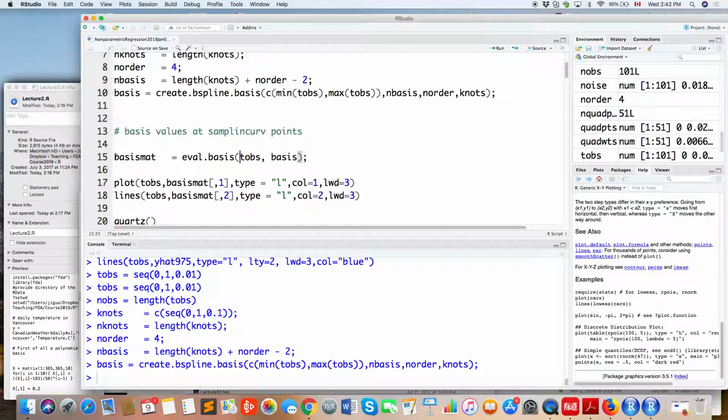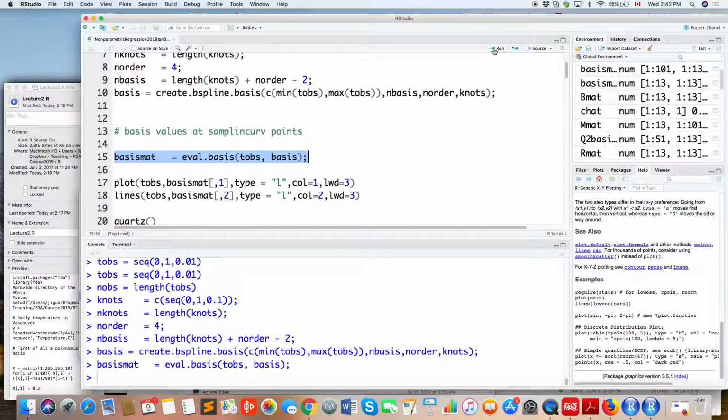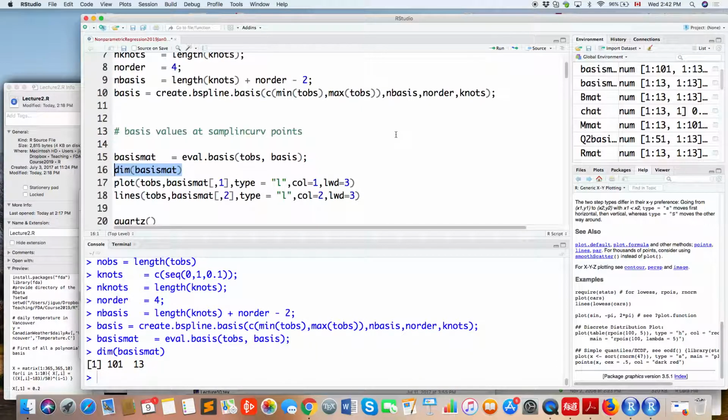Here I just evaluate this basis at all 101 time points. If I look at the dimension of this basis matrix, it will be 101 by 13, because I have 101 observations and 13 basis functions.